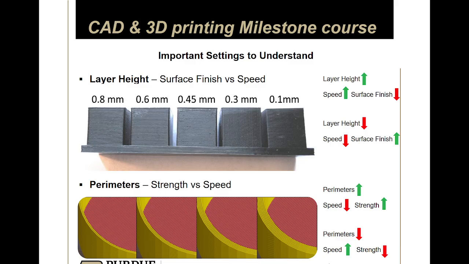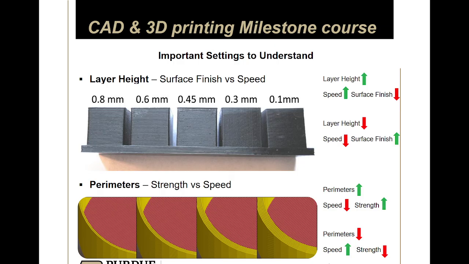So you can see on the left side of the slide, there's a 0.8 millimeter layer height, and you can see the lines pretty clearly. But as you go farther and farther to the right, when they get more fine, it's a lot harder to see. So depending on your application, you might want to consider that. I'd say the standard layer height is usually in the range of 0.2 to 0.1.